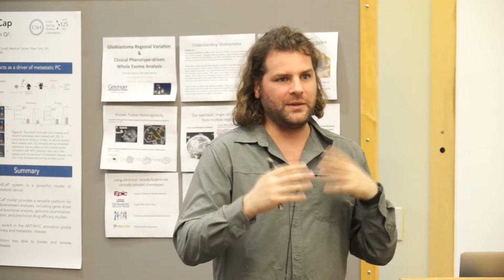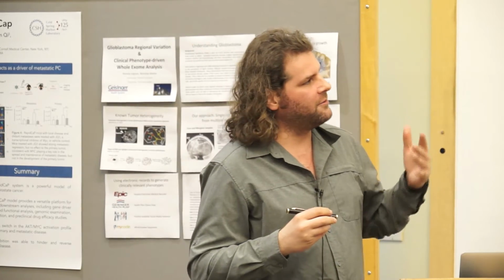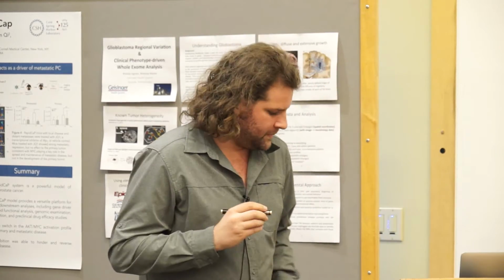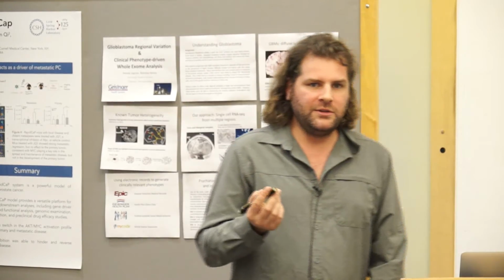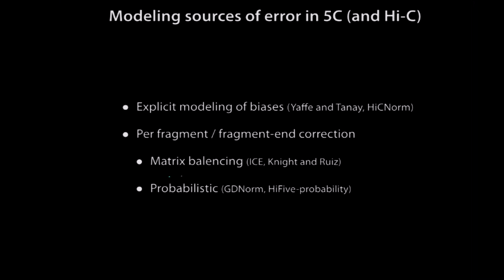So if I increase every value in a row and a column by a certain amount, or decrease it by a certain amount until I get closer to symmetry. And then you just keep doing that iteratively until you come up with a set of scaling factors for every row and column that make the matrix as balanced as possible. That's a very intuitive idea. It's also kind of ad hoc, maybe less principled.